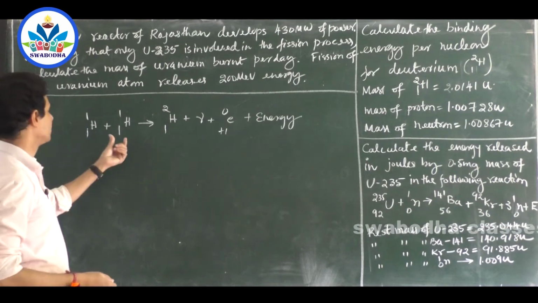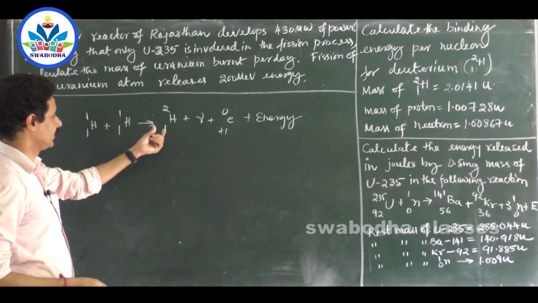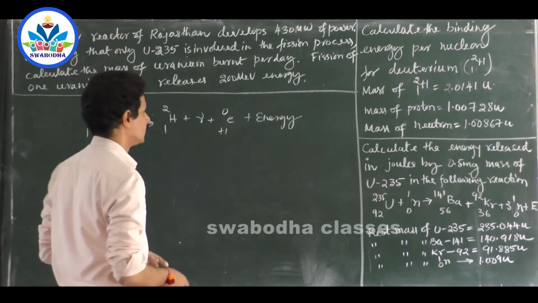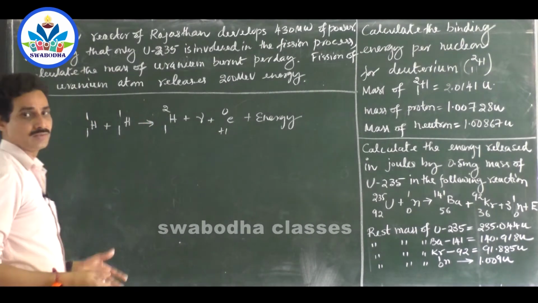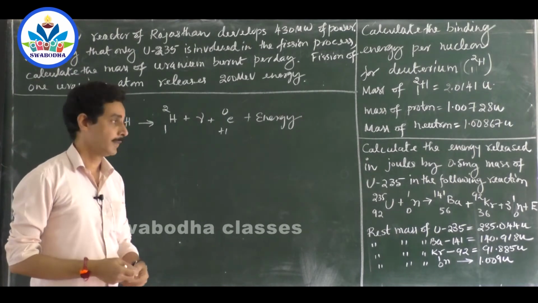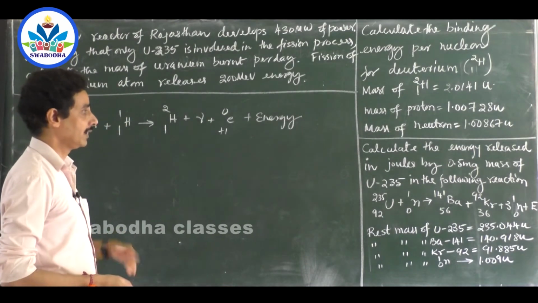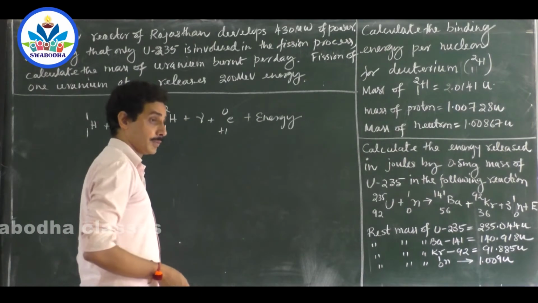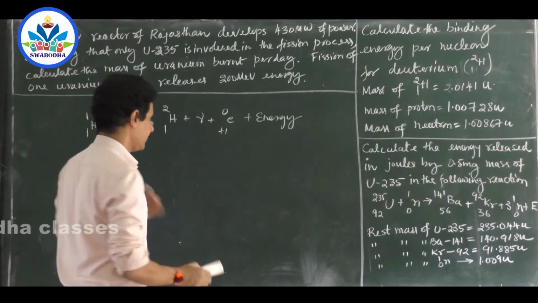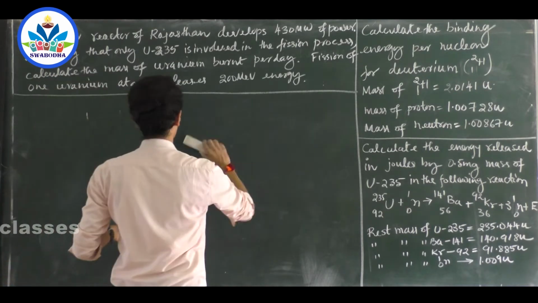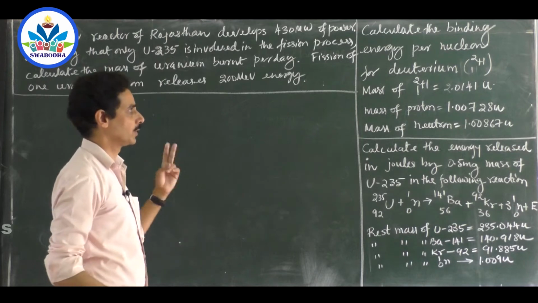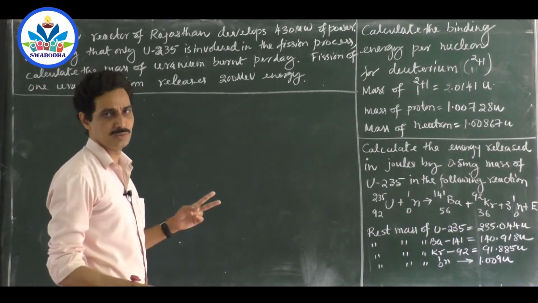Two hydrogen nuclei combining together to form a deuterium nucleus, a positron and a neutrino. Of course, if you have the knowledge of this equation, it becomes easier. Two hydrogen nuclei combine together to form a deuterium nucleus. That is enough for us now. So reactants are two protons, and product is a deuterium nucleus.